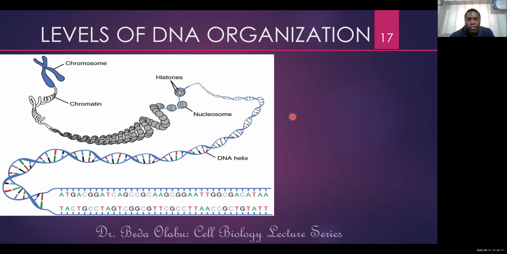Right. Now I want us to see how the DNA of the nucleus is organized. In high school, you must have talked about DNA and RNA. And one of those differences you talked about is that DNA is double-stranded and RNA is single-stranded.